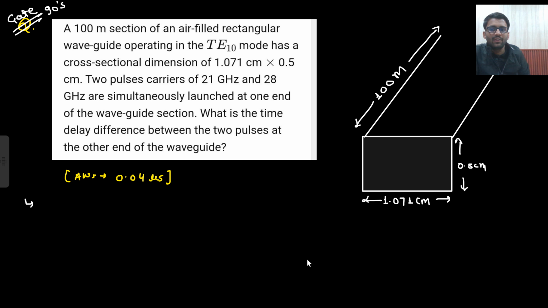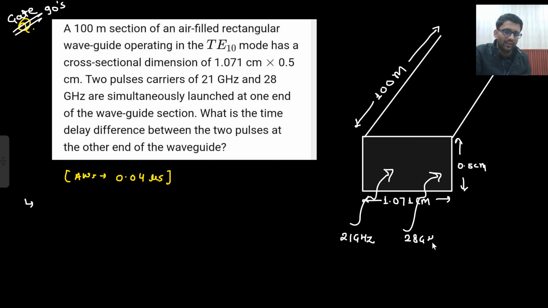Now what they are asking: what is the time delay difference between the two pulses? From here two pulses are launched, one having the frequency of 21 gig and the other having the frequency of 28 gig.